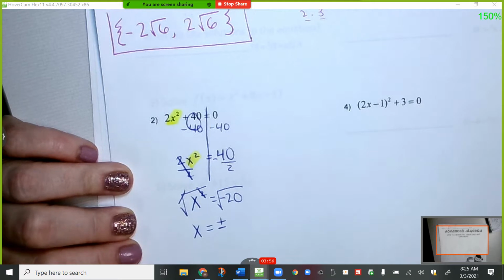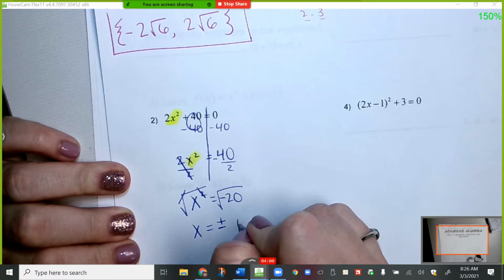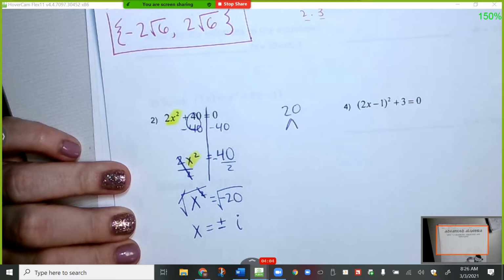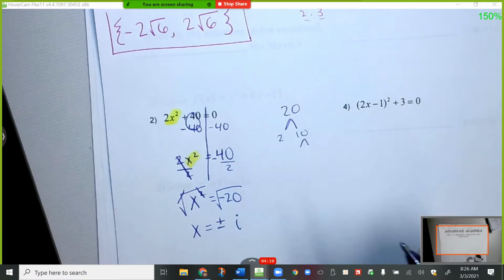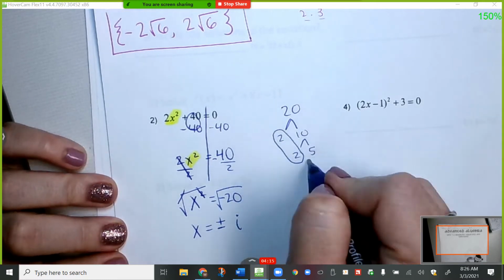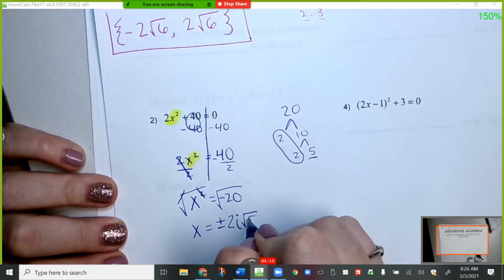It's also what kind of number? Negative. So that i needs to come out, and we're going to find our factors of 20. What goes into 20? What goes into 10? And so we have a pair of 2 and a leftover 5. So it's going to be 2i square root of 5.